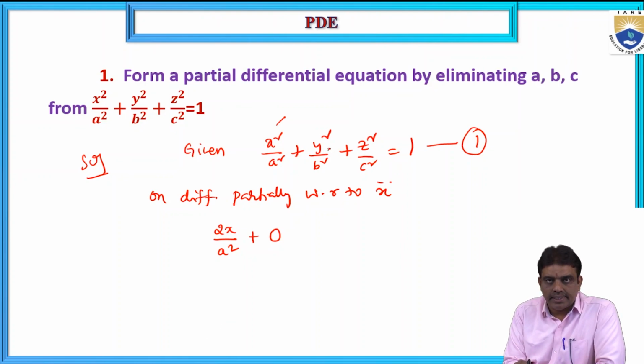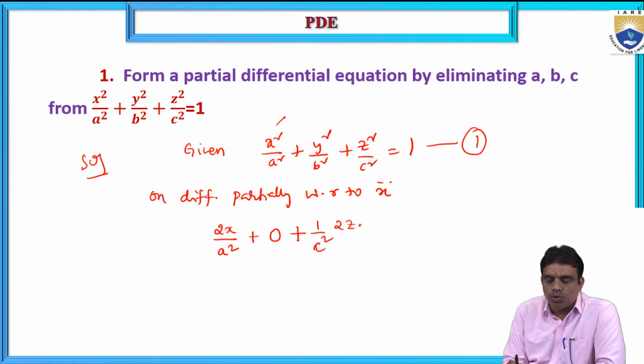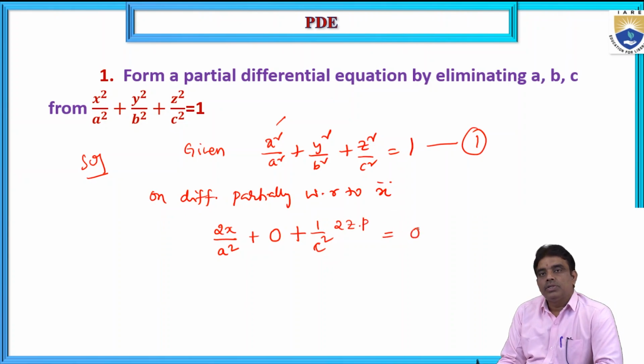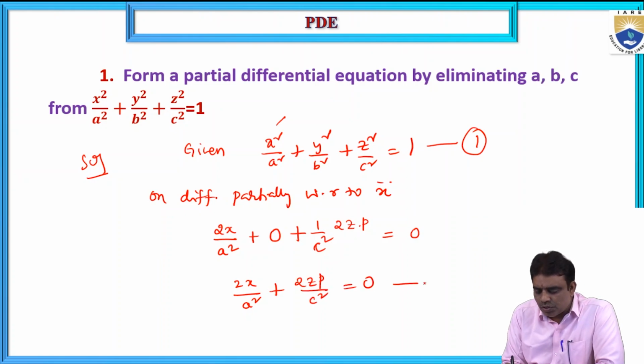Y is treated as constant and b is also constant, so the entire term's derivative is 0. Plus 1 by c square and z square, because z is a function of x, y. So we have to differentiate z square also, that is, the derivative of z square is 2z into dou z by dou x, which can be written as p, is equal to 0. So on differentiating with respect to x, we will get 2x by a square plus 2zp by c square is equal to 0, and call this equation number 2.